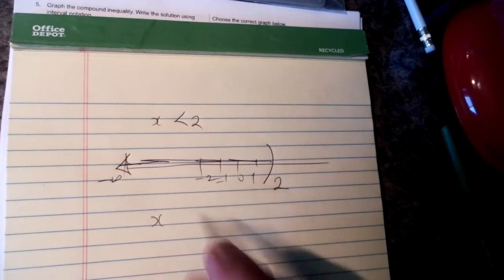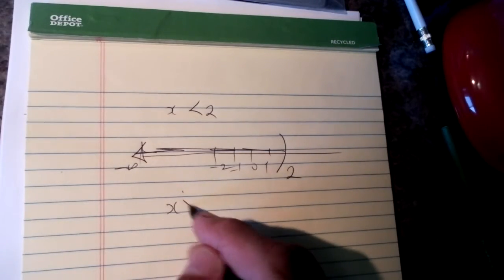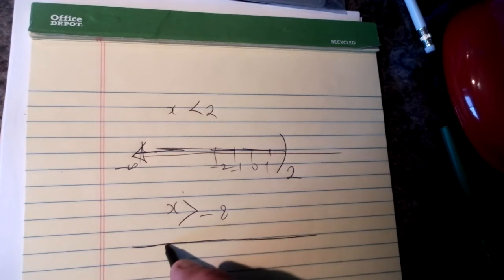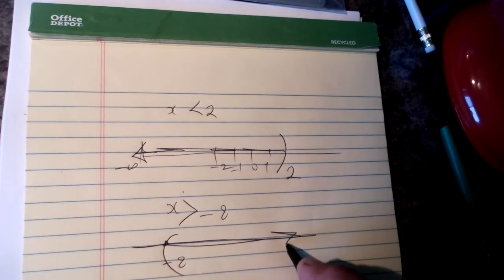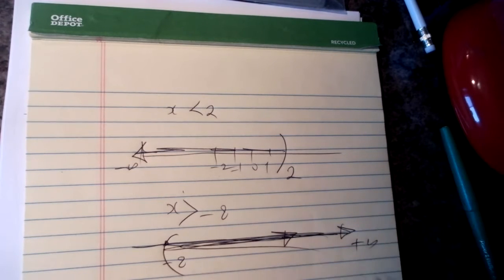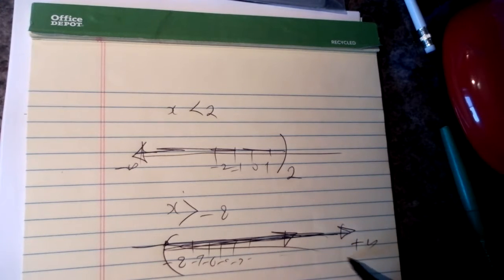And what is x greater than -8? If this is -8, x is greater than that: -7, -6, -5, -3, -2, all the way here.